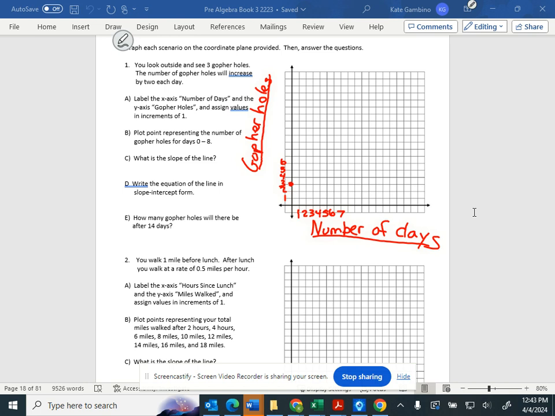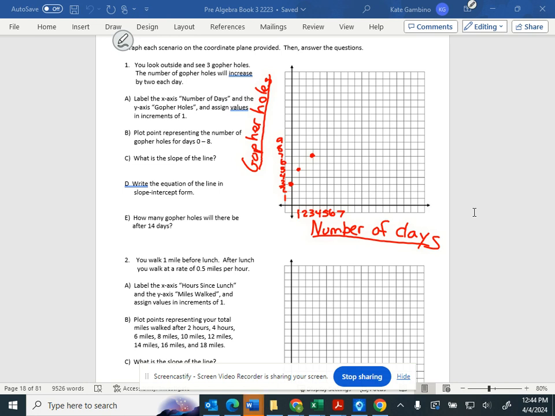Then on day 1, it increases by how many? Increases by 2. So on day 1, we're at 5. Then on day 3, we're going to be at 7. So you need to keep increasing it up through 8 days.